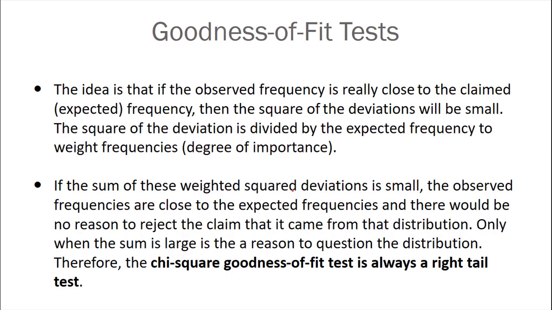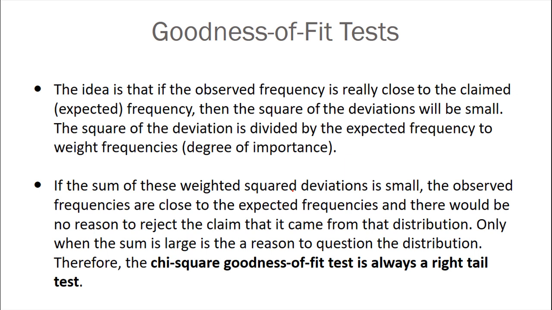The idea is that if the observed frequency is really close to the claim, meaning the expected frequency, then the square of the deviation will be small. This is logical. The square of the deviation is divided by the expected frequency to weight the frequency, which gives a degree of importance.